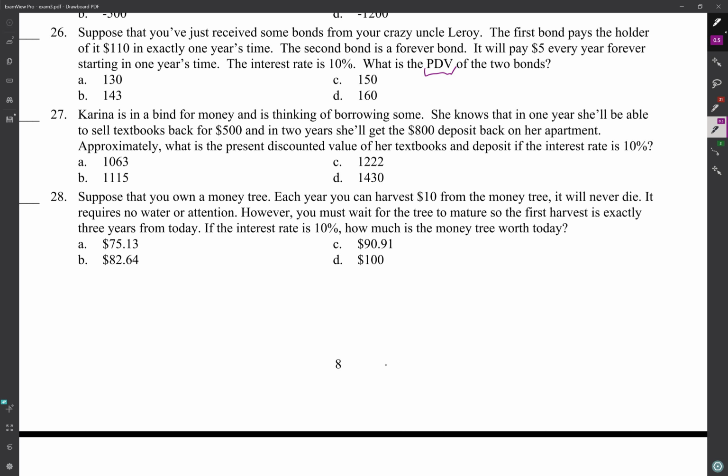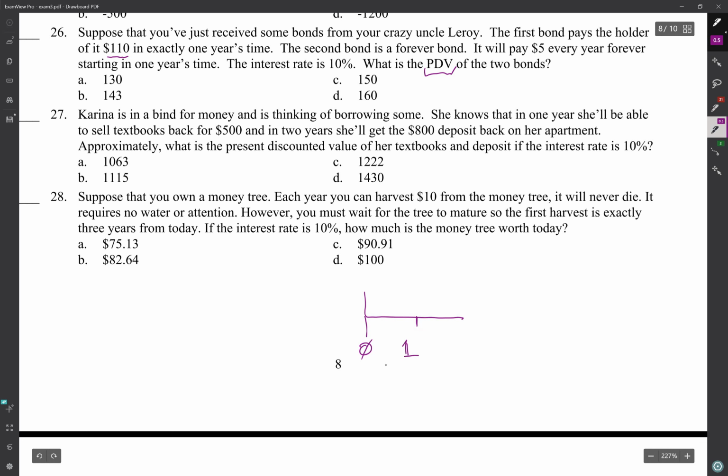Okay. So, for all these types of questions, the best thing to do is to write out a number line. So let's do that. Let's state we're starting in time 0. We're going to get $110 in 1 year.